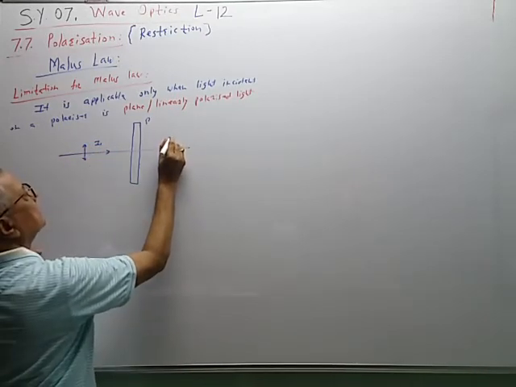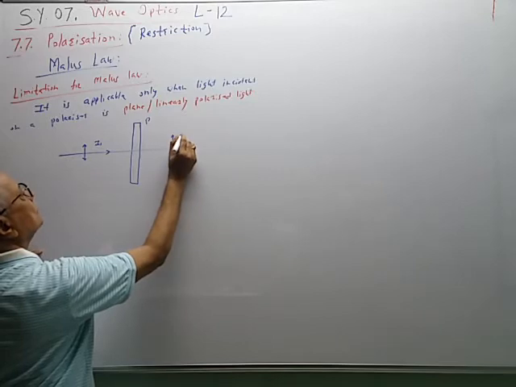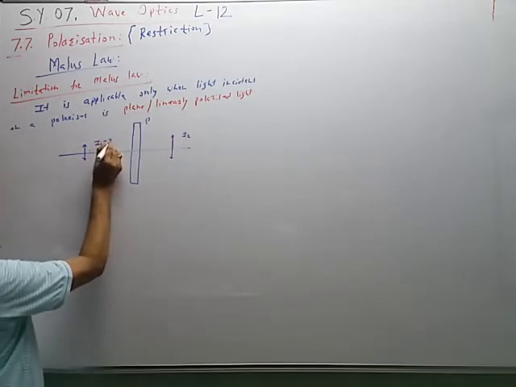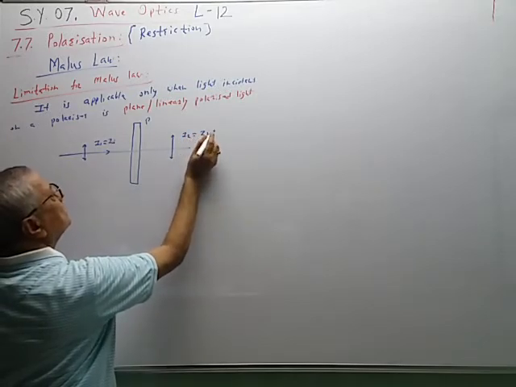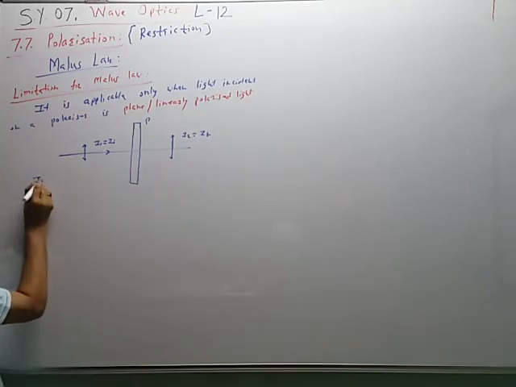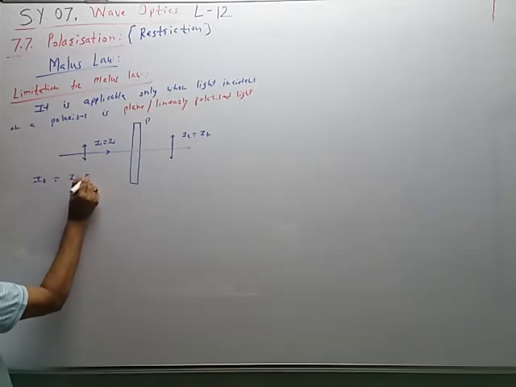Then the intensity is I2. So I1 is equal to I, the incident intensity, and I2 is equal to IT. So IT, the transmitted light, has intensity IT is equal to I into cos square theta.